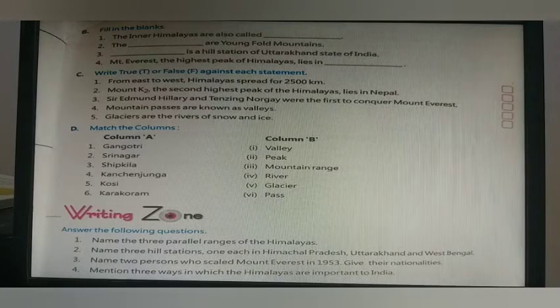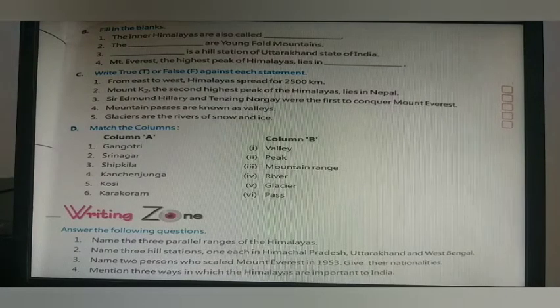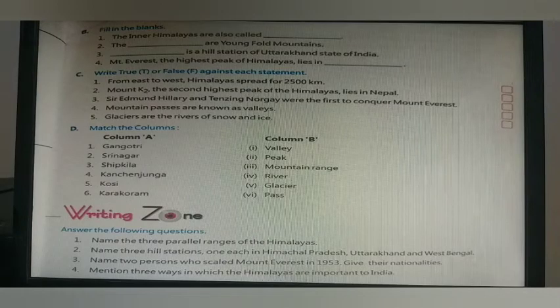Name 2 persons who scaled Mount Everest in 1953. The first men to climb Mount Everest were Tenzing Norgay and Edmund Hillary in 1953. Mention 3 ways in which the Himalayas are important to India.